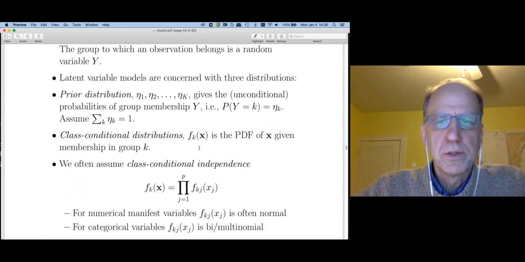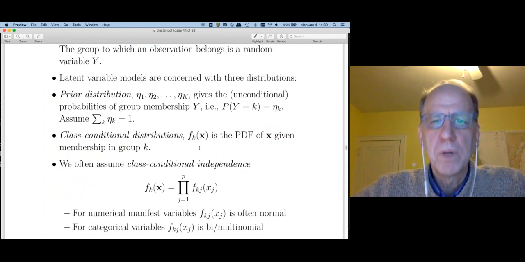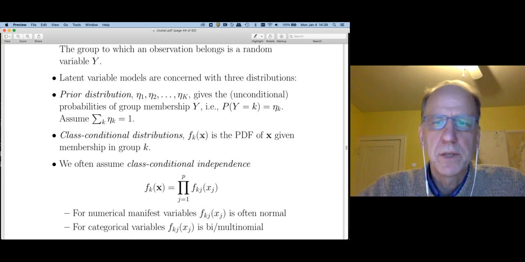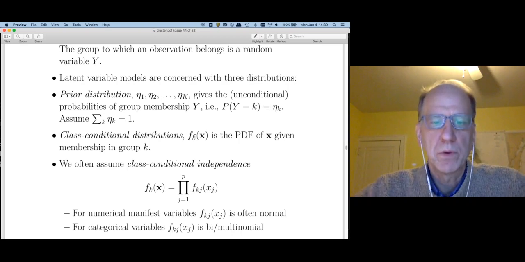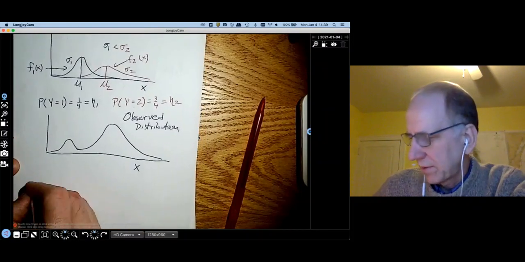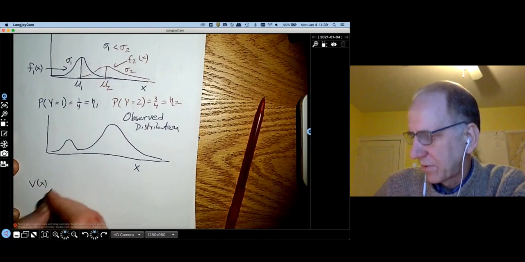These class-conditional distributions are multivariate distributions. So X is a p-dimensional vector. An issue that comes up whenever you have a p-dimensional vector is that there can be a lot of covariances that you have to worry about. If I have a p-dimensional vector, what is the variance of X?